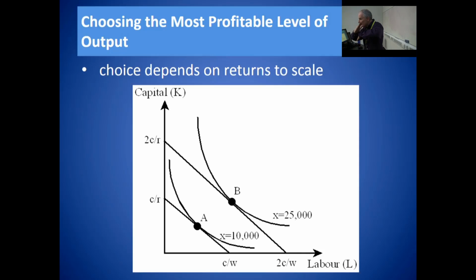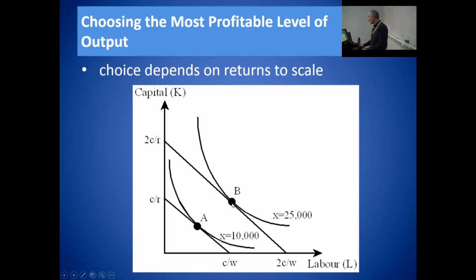That iso-cost line is drawn twice as far out. Anywhere along that iso-cost, costs are twice as much. So, by doubling its costs, by using twice as many factor inputs, the firm is able to produce more output. The maximum amount of output it can produce would be where an isoquant just touches that new iso-cost line.